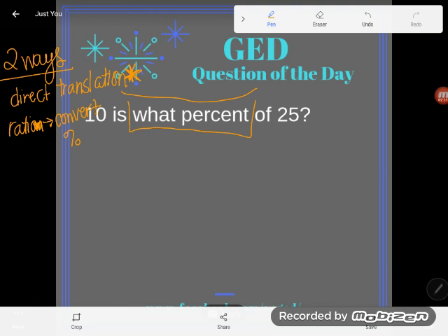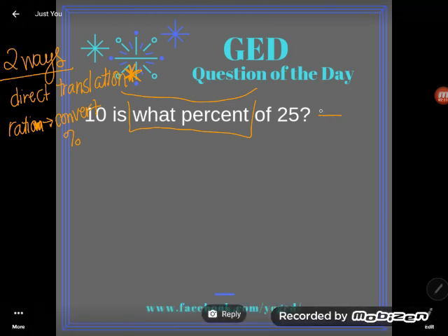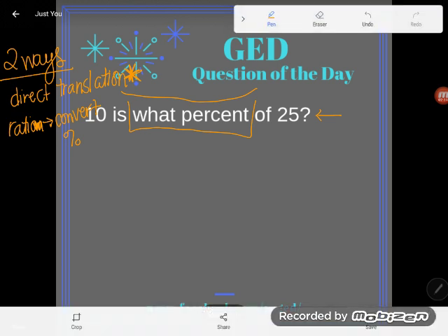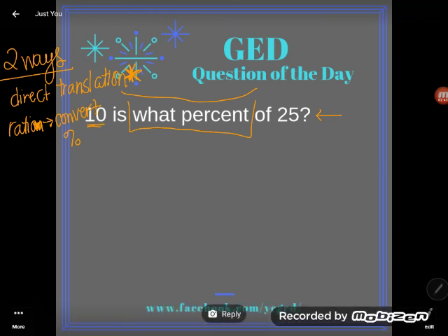Direct translation is this idea of turning this math statement, kind of math-glish, I should say. It's like half English, half math. I'm going to turn it into a straight up algebraic equation. Let me show you what I mean. First, I see the number 10. 10's already a number symbol written in our little language of algebra, so I'll write 10. Now I see the word is.